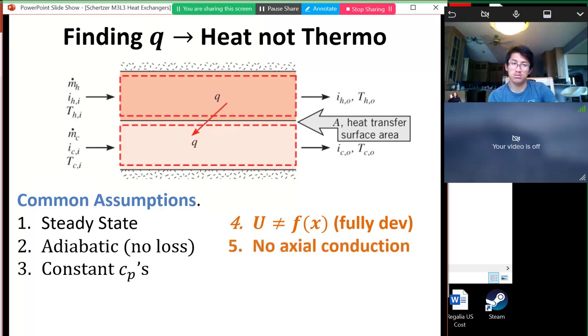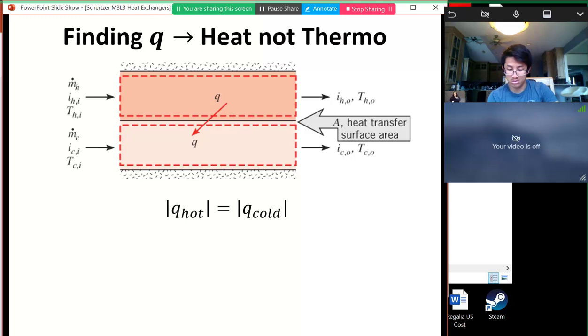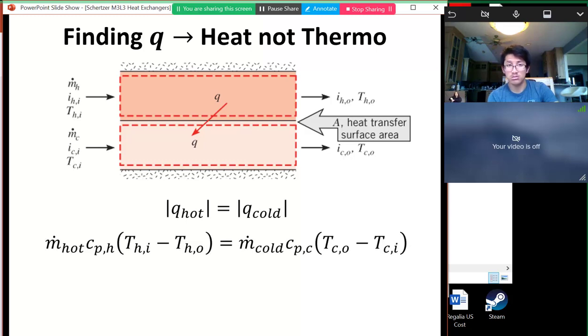And if there's no axial conduction, so that there's no conduction down the length of our tubes, then we would get the same equation that we got in thermodynamics, where m dot times Cp delta T is equal on the hot side and the cold side, provided that I'm taking the magnitudes of those terms.